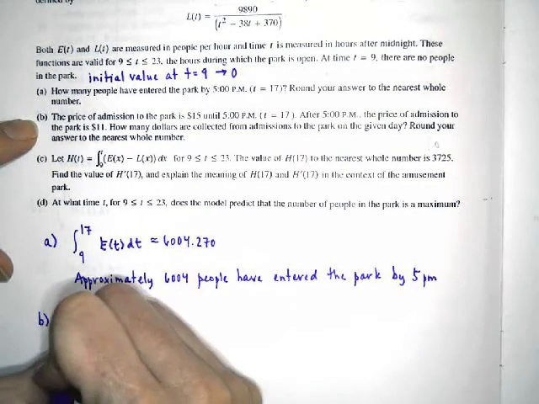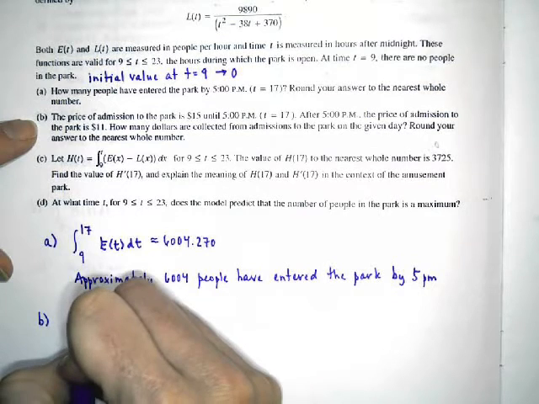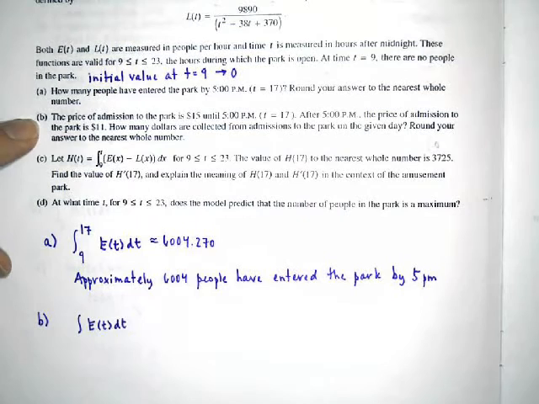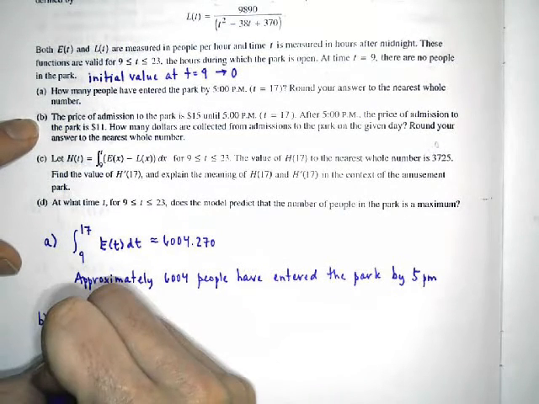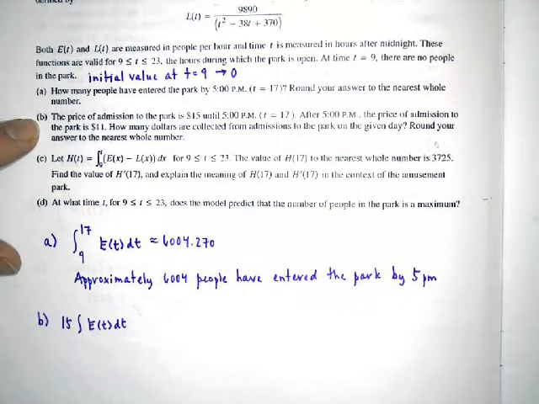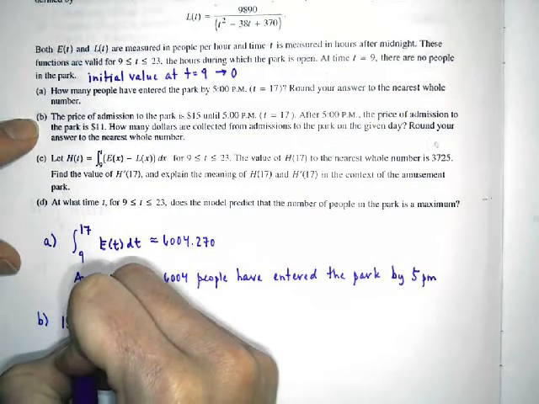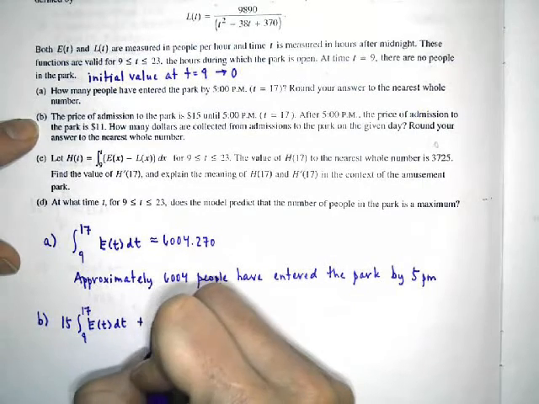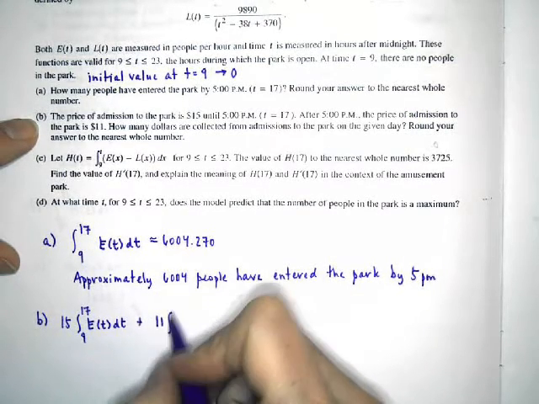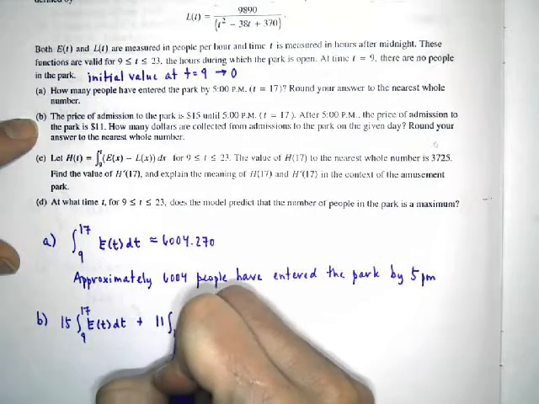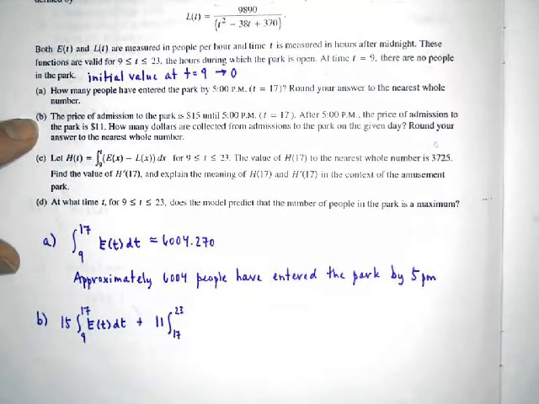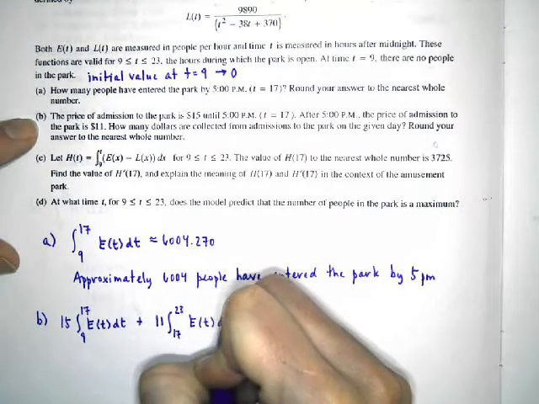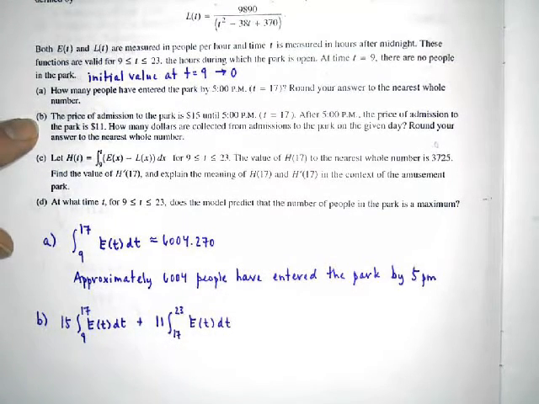So I'm still going to be integrating E of t, because that tells me how many people are entering the park over a given time period. So now I know I collect $15 from 9 to t equals 17. And then I'm going to collect $11 for anyone entering from 17, and then we close. Our upper limit is 23. And again, that has to do with people entering the park.